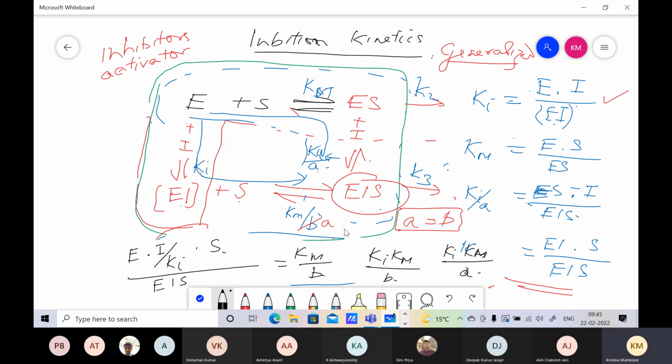So that's what I'm trying to prove to you. Is it all right now? So Ki Km by A is equal to E into this term here or this term here, both equal to E into I into S upon EIS. Is this all right?